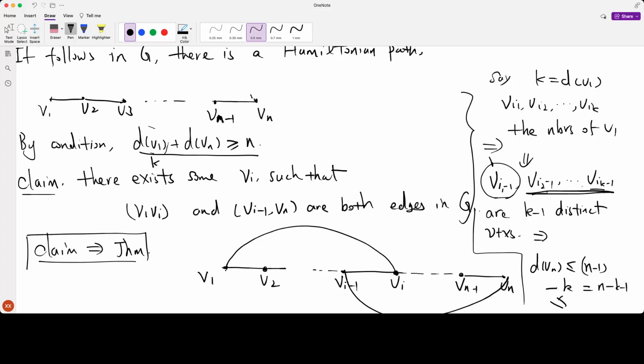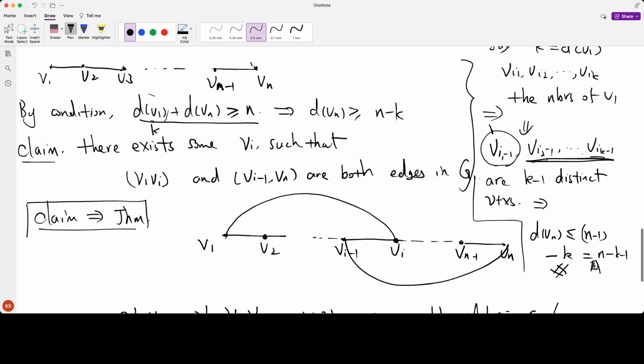And this is a contradiction because dVn, so here it implies dVn is at least n minus k. And here we prove that dVn is at most n minus k minus 1, which is a contradiction. Okay? So this proves the claim, and the claim proves the theorem.